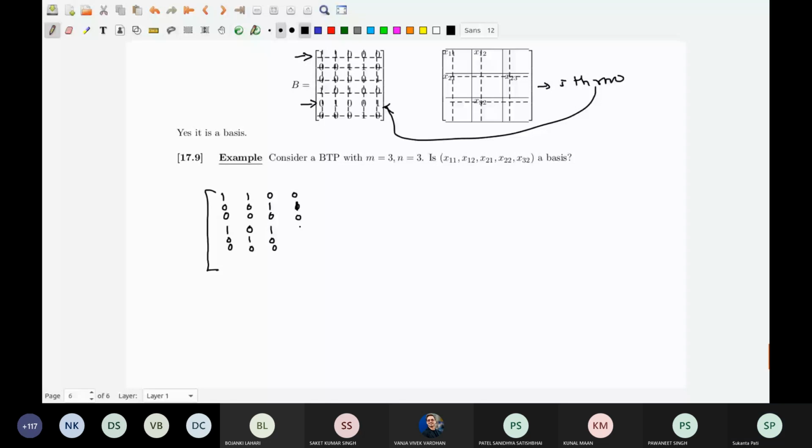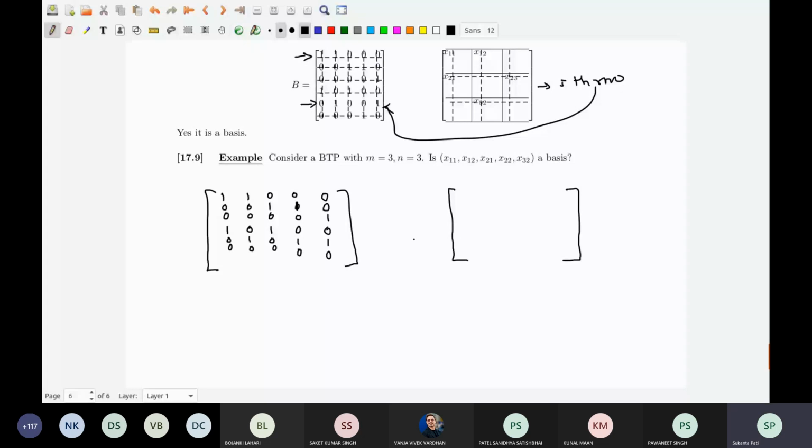If it is a basis, then both these processes should finish, and should finish by completely finishing this table and matrices.